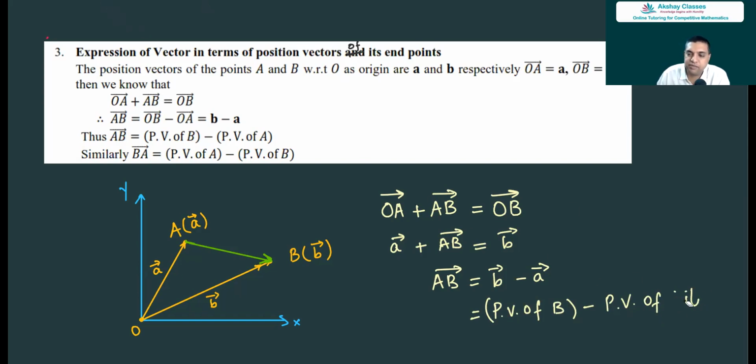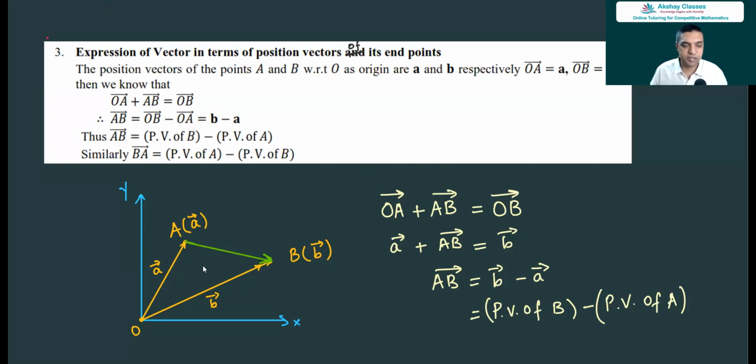Position vector of A. So a vector AB bar can be written in terms of the position vectors of two points. So this makes it very easy. Now, 3D coordinate geometry and 3D vector algebra go hand in hand because you can convert problems from vectors to coordinate geometry and coordinate geometry to vectors.